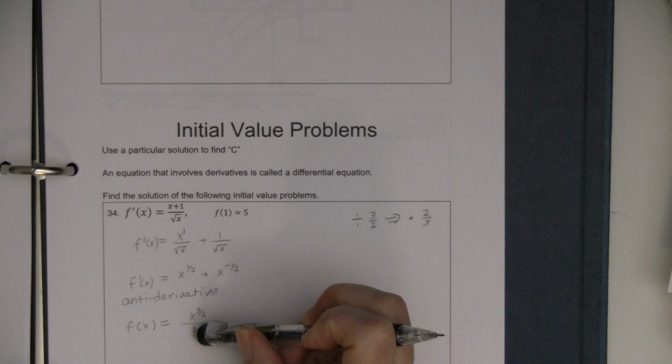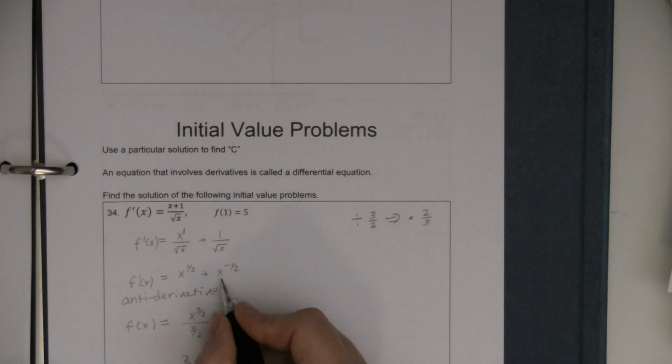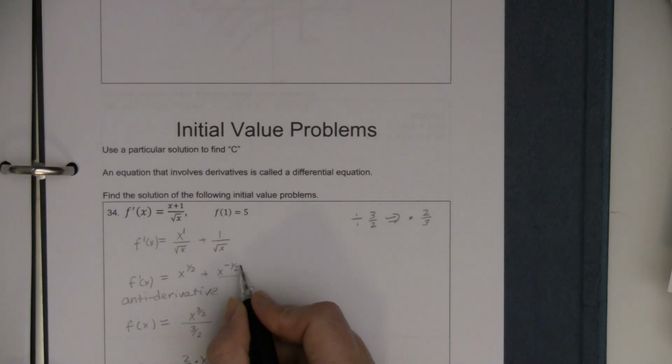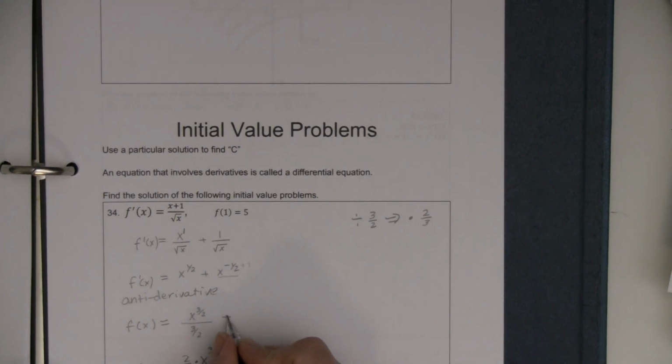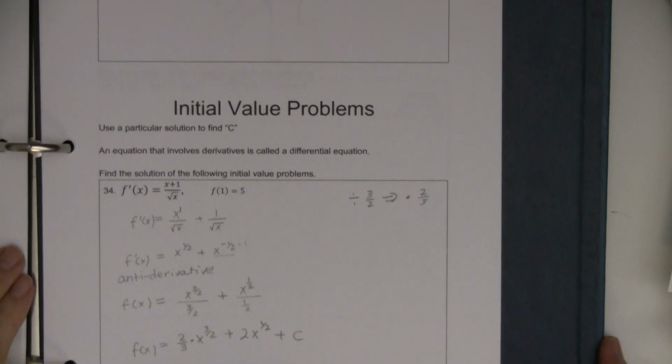I usually am too lazy to write it like that, and I normally just write it as a multiply by the 2/3. And then I want to find the antiderivative of that, so I add 1 to the exponent, and I get a half, so x to the half, and divide by the same thing, which is the same as multiplying by 2. And then I'm going to add a constant. And someone just texted me, and oh, I'm off my page, darn it.